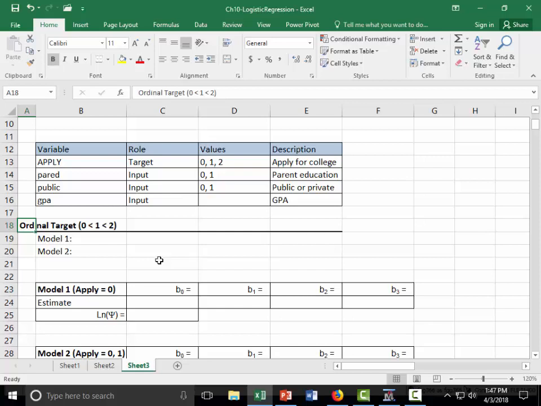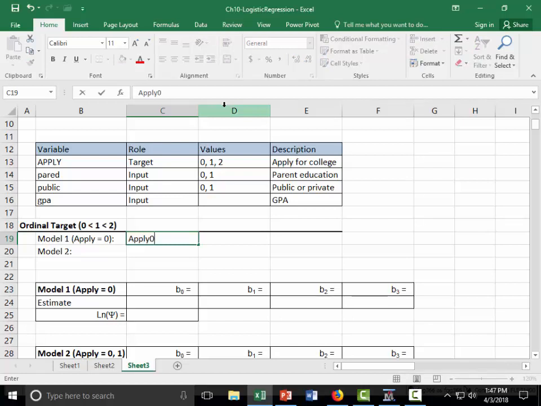Okay, so in ordinal, what we will do is we'll define two different models. So the first model, let's call this model apply equal to 0, right? So in this model, we will define a new target.